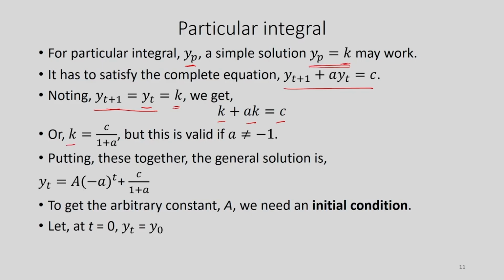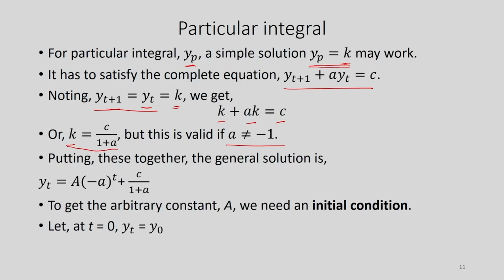So, this is the solution that I am getting here for the particular integral, but mind you, this can be a particular integral if the denominator is not 0. c divided by 1 plus a cannot be 0, that means a cannot be equal to minus 1. Okay. So, this is something which we have to keep in mind.